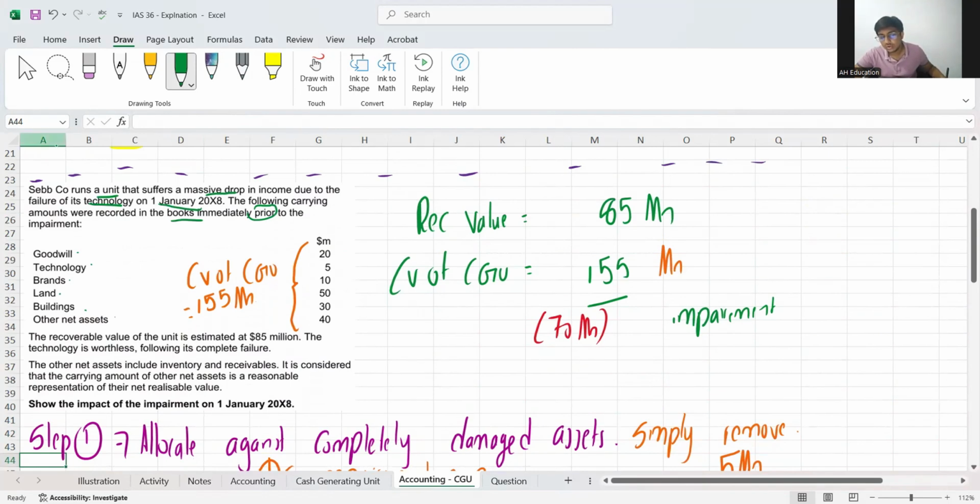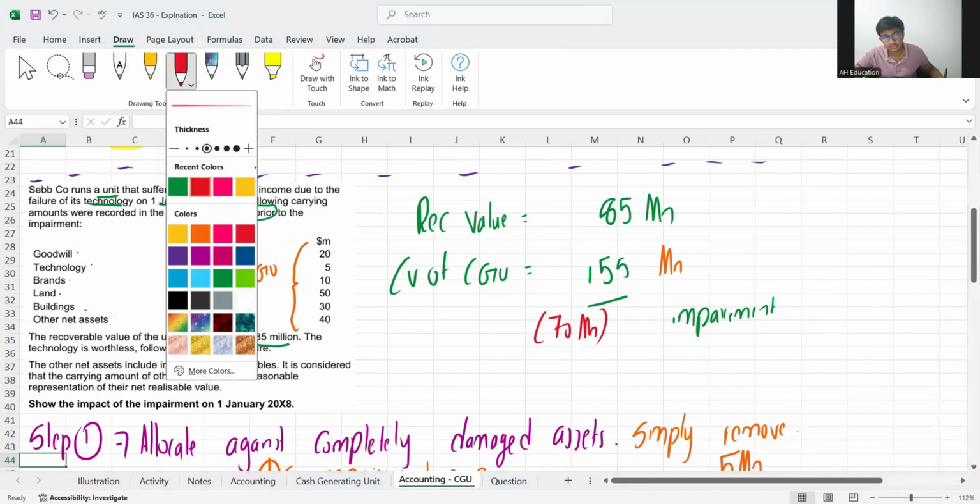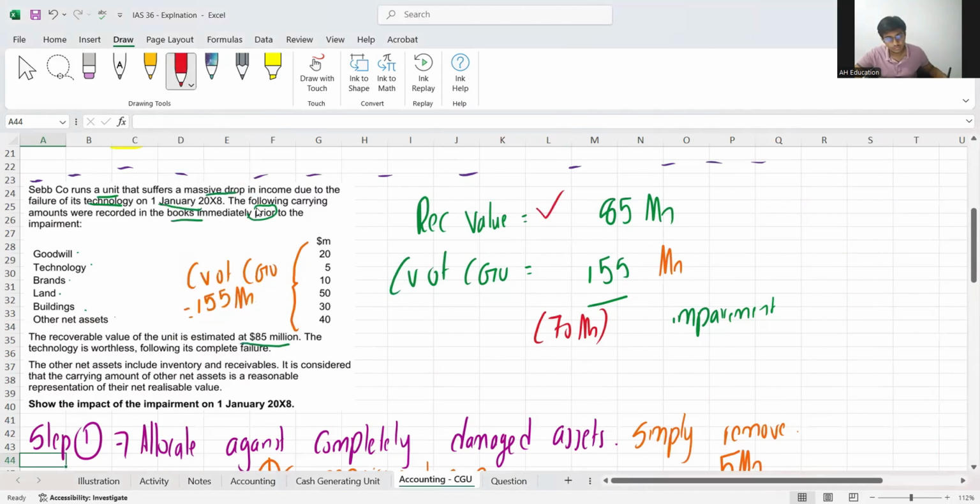We know this is a cash generating unit, so you have to allocate the impairment based on these 6 assets. Let's see how we do it. The recoverable value of the unit is estimated at 85 million. They have given you the recoverable value. The technology is worthless following its complete failure.